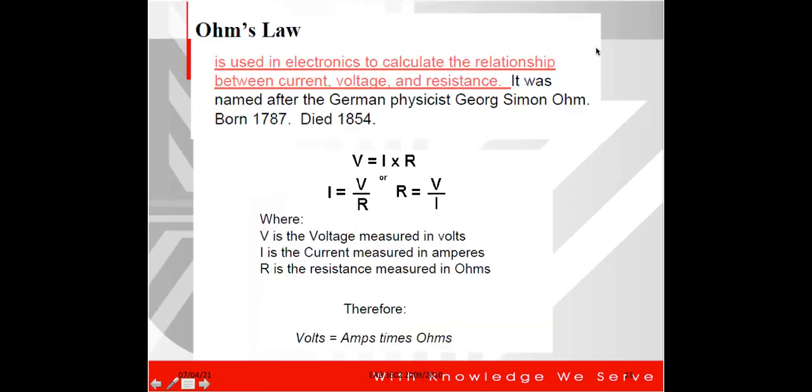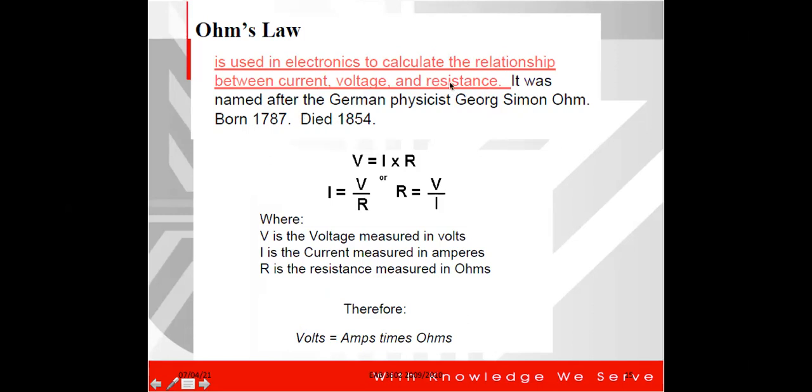Okay, we also have Ohm's law. What does Ohm's law say? Ohm's law is used in electronics to calculate the relationship between current, voltage, and resistance. So as we recall, voltage is the force that makes current flow, and current is the electrons that flow in a circuit.